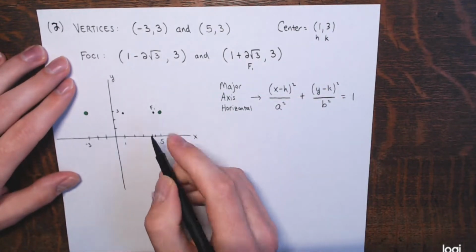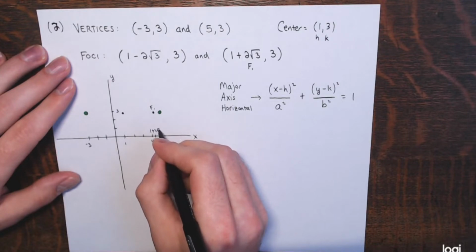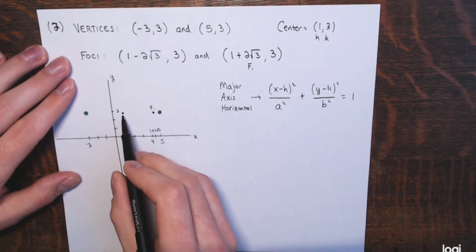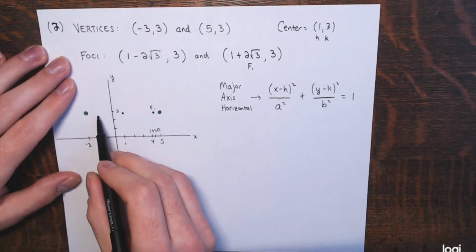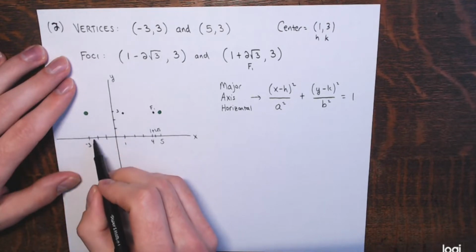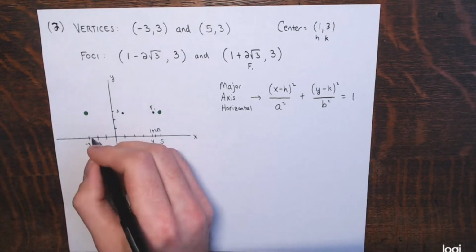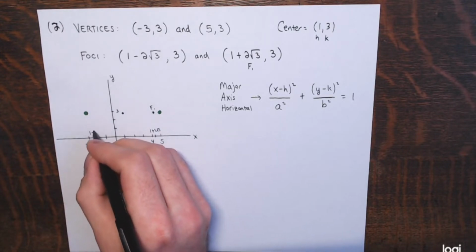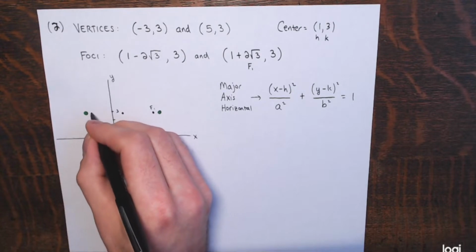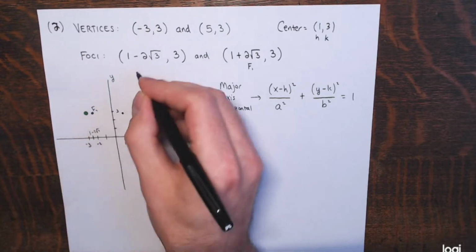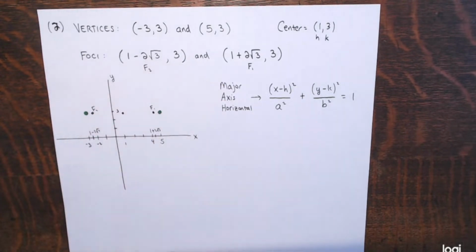There's 1 plus 2 root 3 on the x-axis. And then same thing from the center, I go to the left 2 root 3. That'll be between negative 2 and negative 3 here. So let's say that's around here. 1 minus 2 root 3. And there's the other focus, I'll call this one F2. All right, so I got the two foci there.